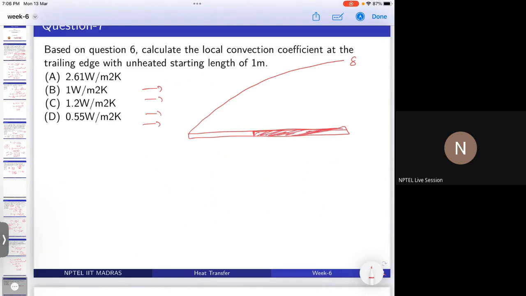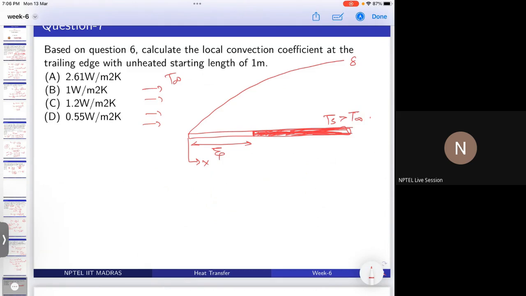Okay, it's like say at a distance eta from the leading edge only the surface temperature is different from T infinity. The surface temperature is greater than T infinity.